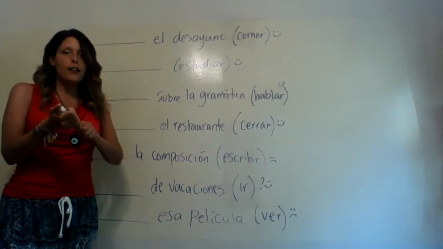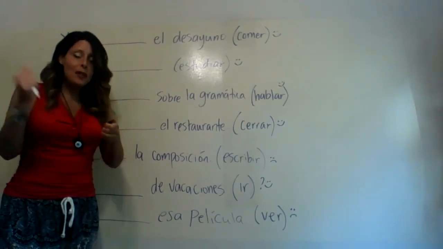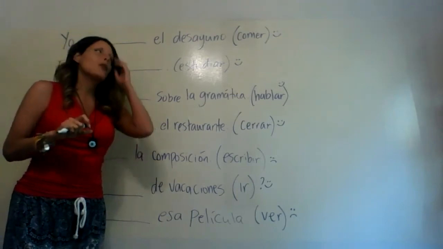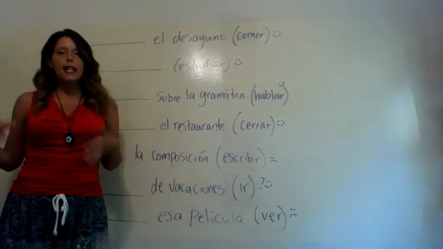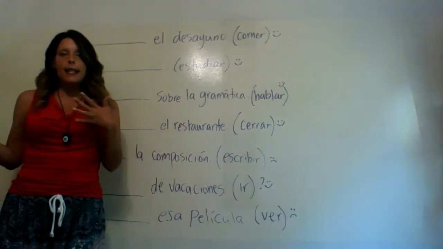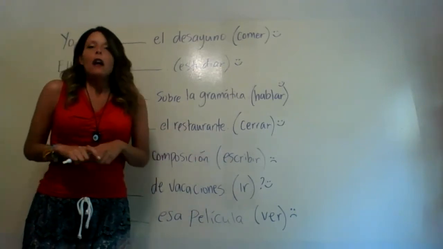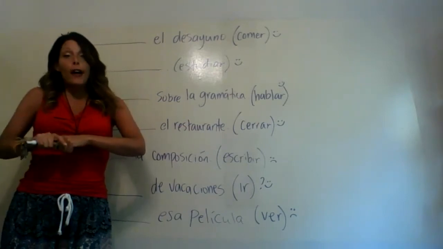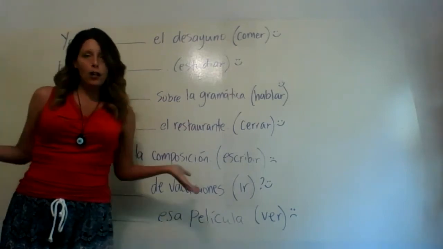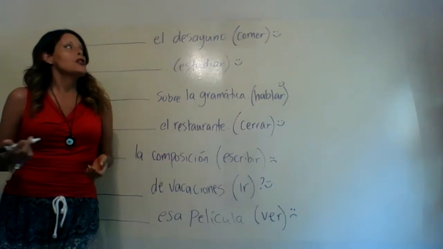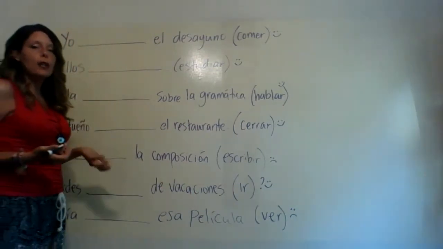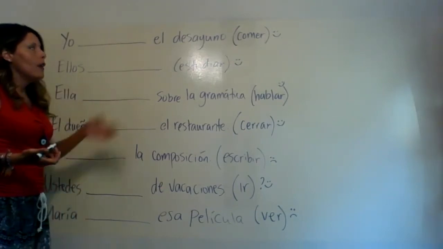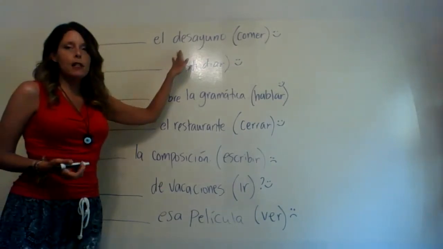It's always like, I have gone, she has seen, we have eaten, they have studied, y'all have talked a lot. So in this sentence, we know we have a blank and we're using the present perfect, and we know that el desayuno means breakfast.